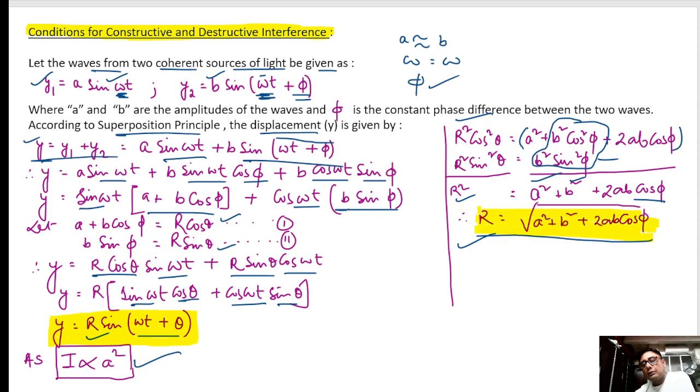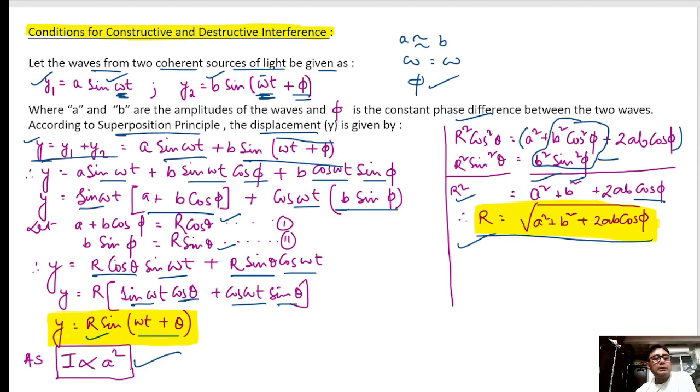Very important to note this. This is how you find the amplitude of the resultant wave, R, and this is the displacement of the resultant wave. And we know the intensity is the square of the amplitude.